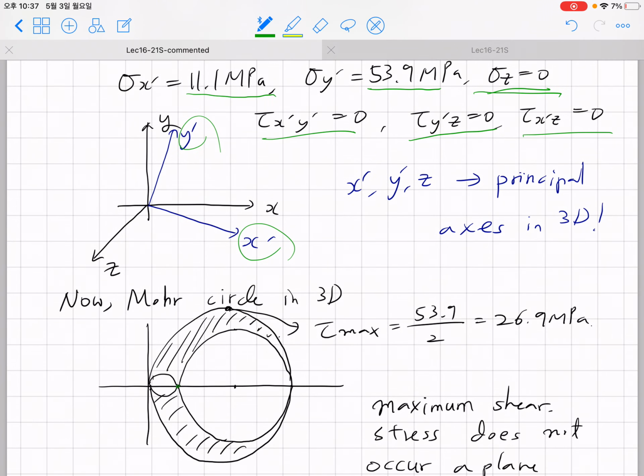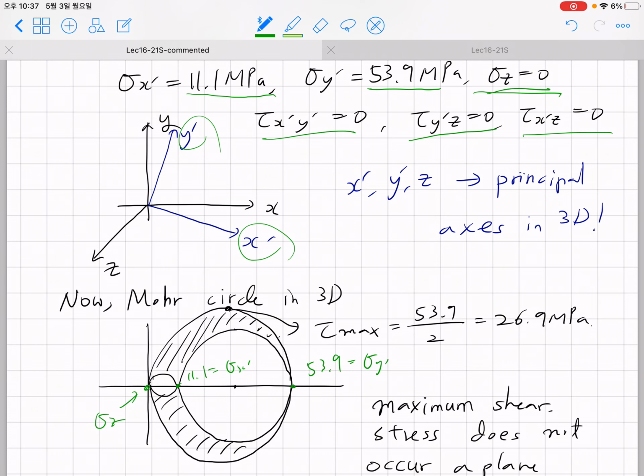So this is sigma y prime, this is sigma x prime, this is sigma z. After defining three principal axes and three principal stress values, we can complete the 3D Mohr circle.